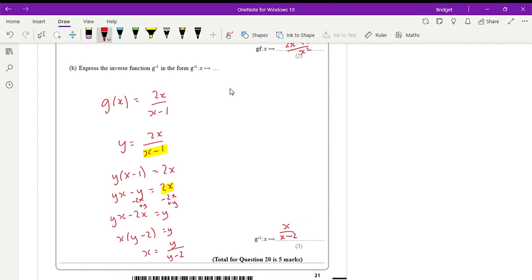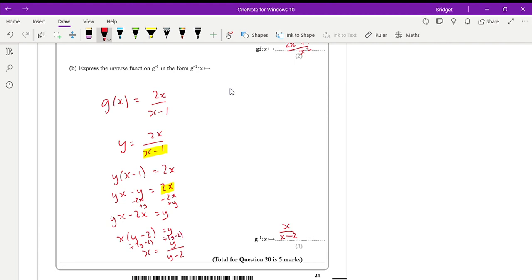Because I wanted everything with an x on the left and everything else on the right. Then I factorized out x, okay? Because the idea is you want to get x equals, so you're going to need to isolate the x. So I factorized out an x, got y minus 2, and then I divided both sides by y minus 2. Okay, that is a very tricky question, definitely a grade 8 or 9 question.